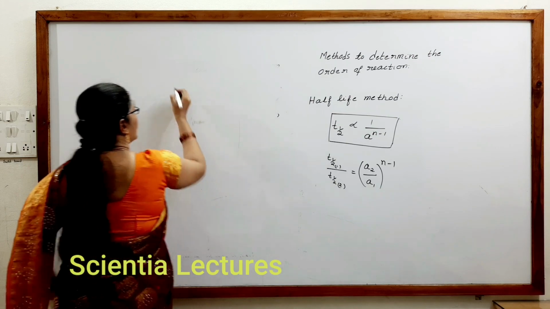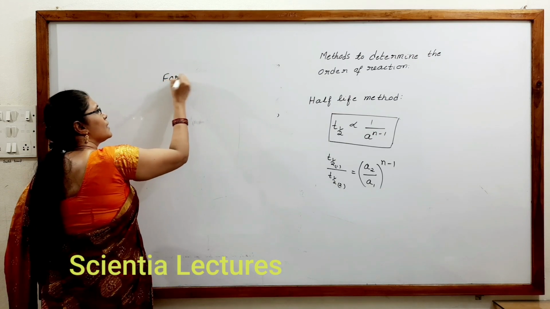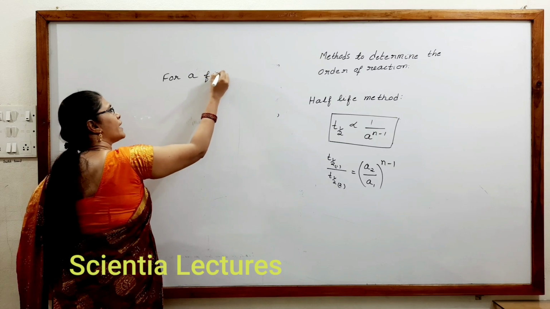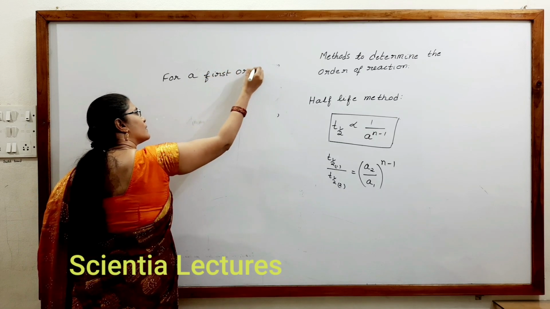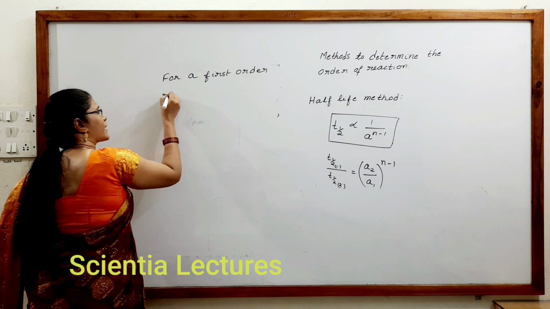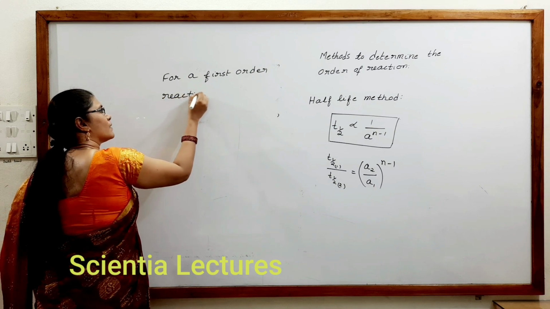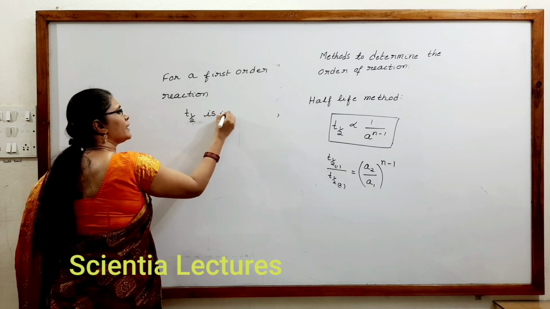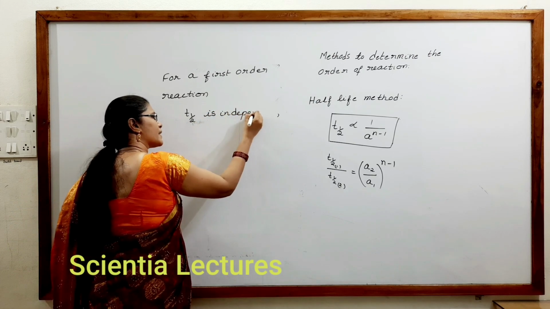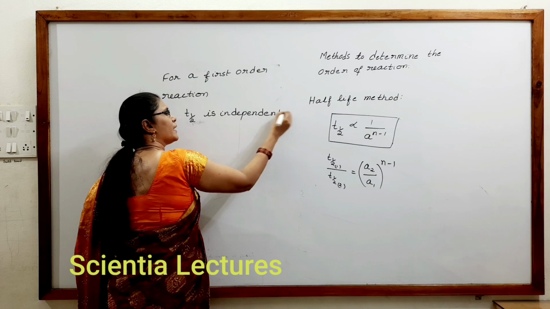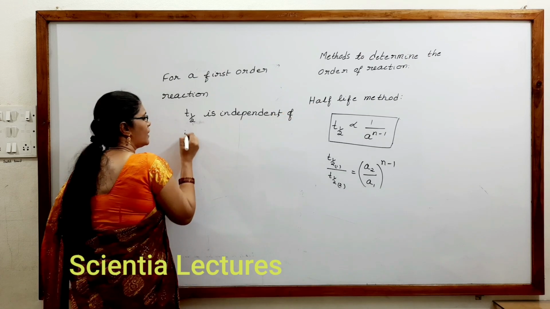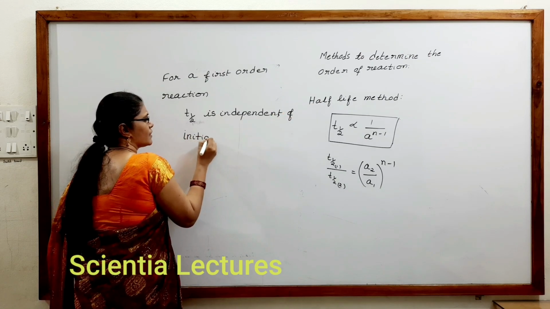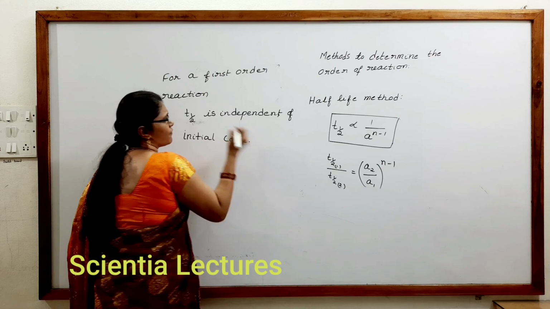For a first order reaction, T half is independent of initial concentration. That's what we have checked before itself.